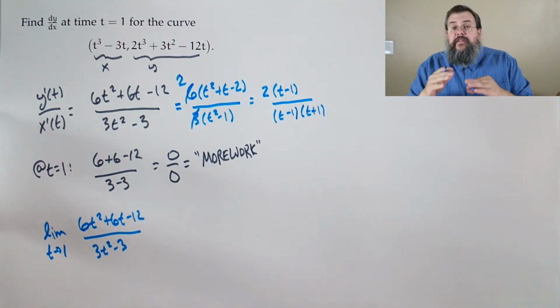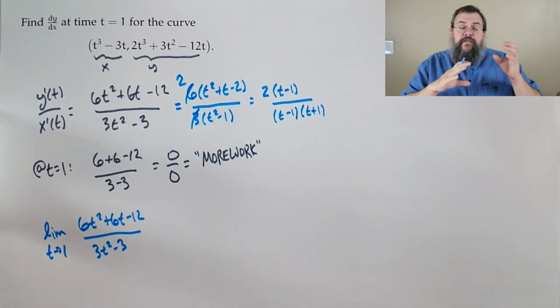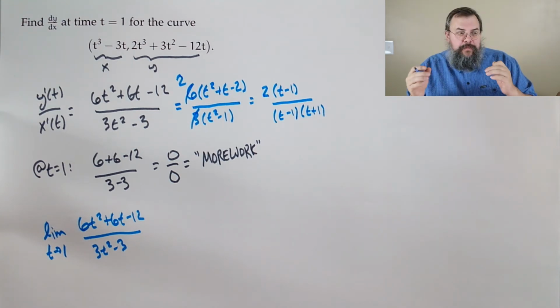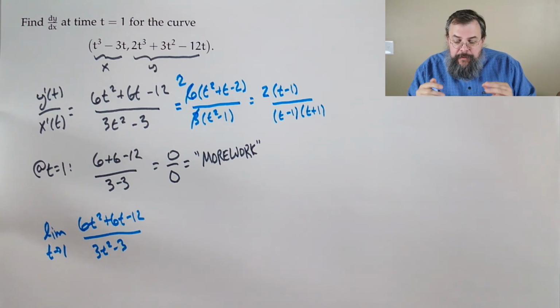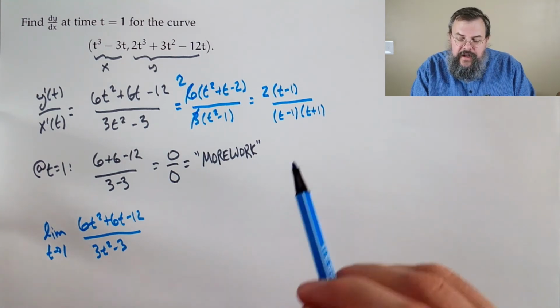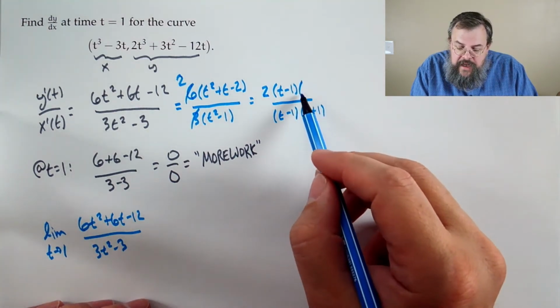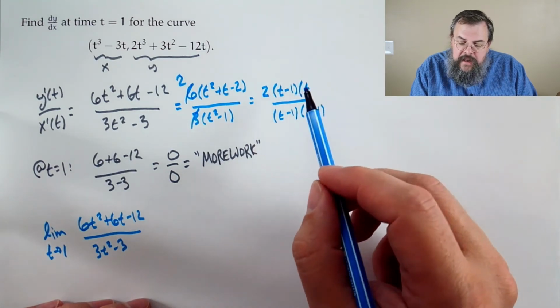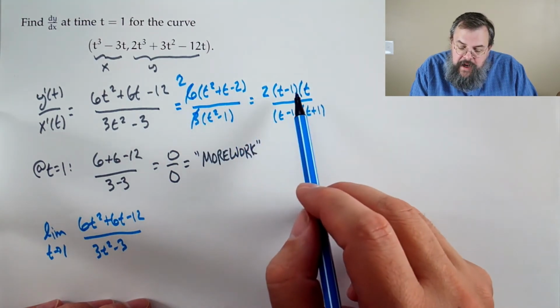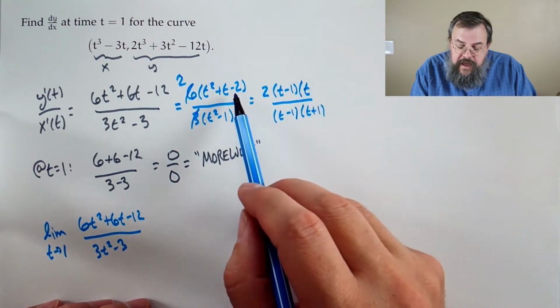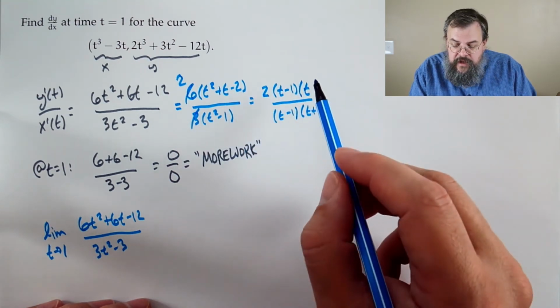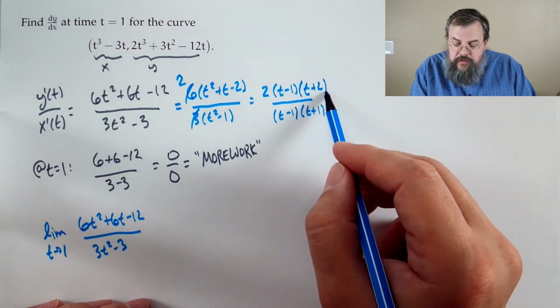t squared minus 1 is easy to factor because it's a square minus a square: a squared minus b squared is a minus b times a plus b. The upstairs is not hard either. It's t minus 1 times t and something. Minus 1 times whatever I put here has to give negative 2, so it's plus 2.